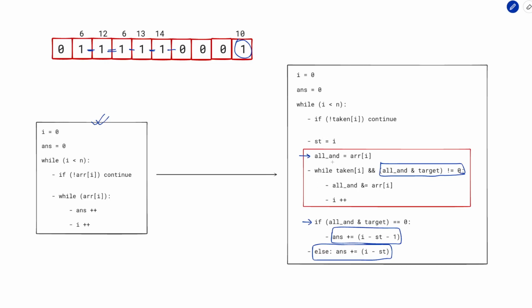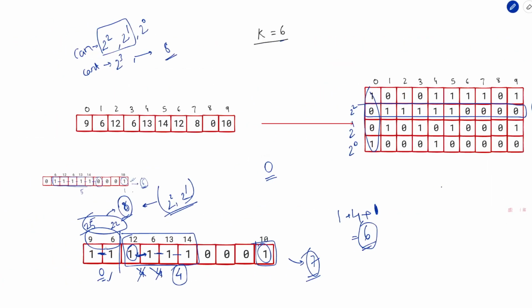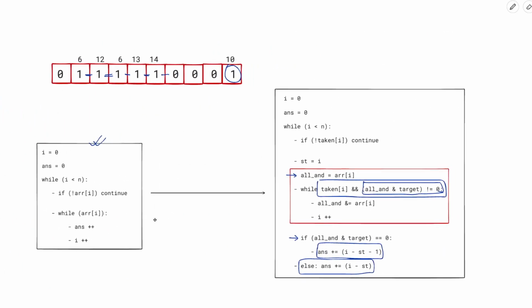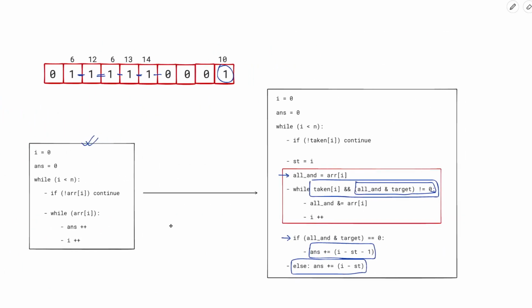Notice that we may not traverse all the consecutive ones here, right? We have seen one example in the previous iteration where we stop here. We haven't traversed all the consecutive ones, so we'll just stop as soon as we get 0 so that we can save operations, right? This part is something you need to keep in mind while implementing.